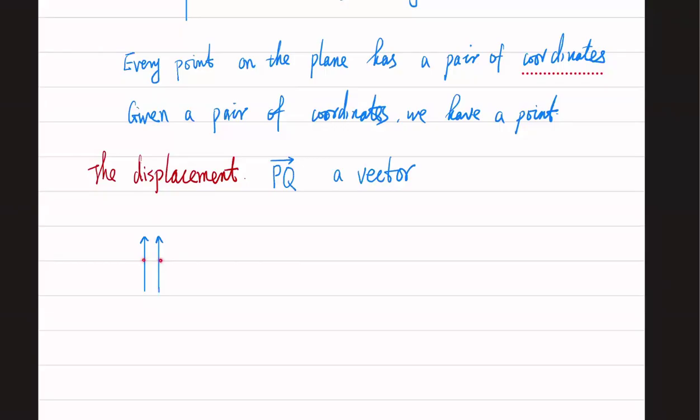These two displacements, or these two vectors, have different starting points and different ending points. So we call P the starting point and Q the ending point.